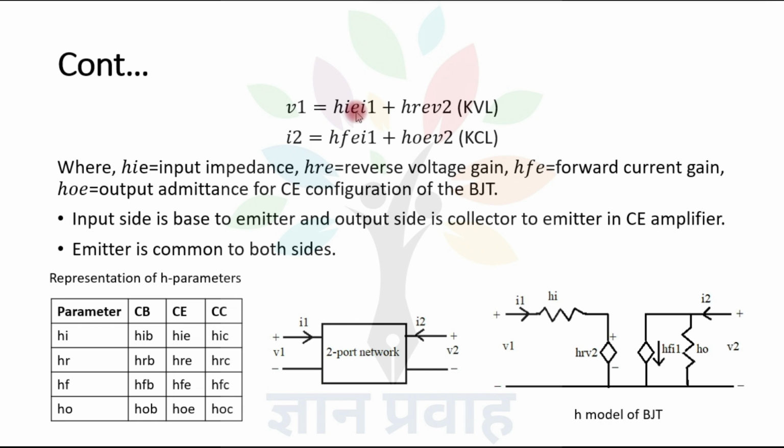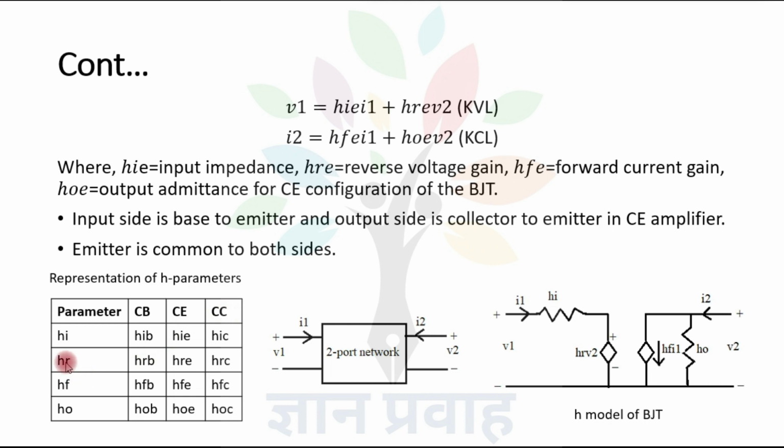So now we are talking about the transistor equivalent circuit. There are three configurations for BJT: common base, common emitter and common collector. So H parameters are represented differently for different configurations. HI is represented as HIB in the case of CB, HIE in the case of CE and HIC in the case of common collector configuration.